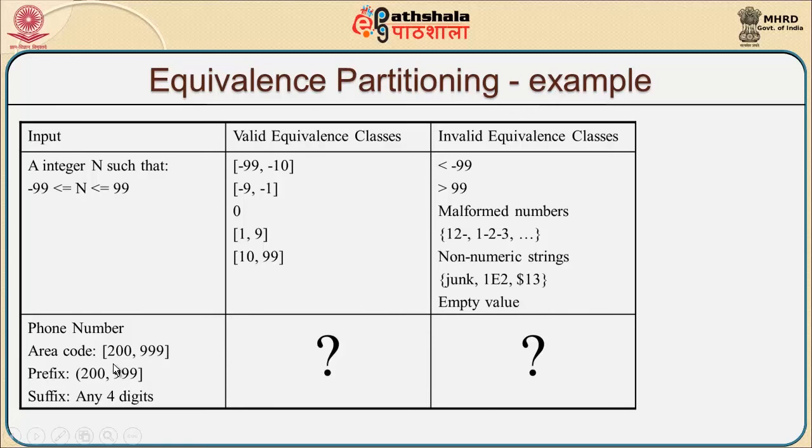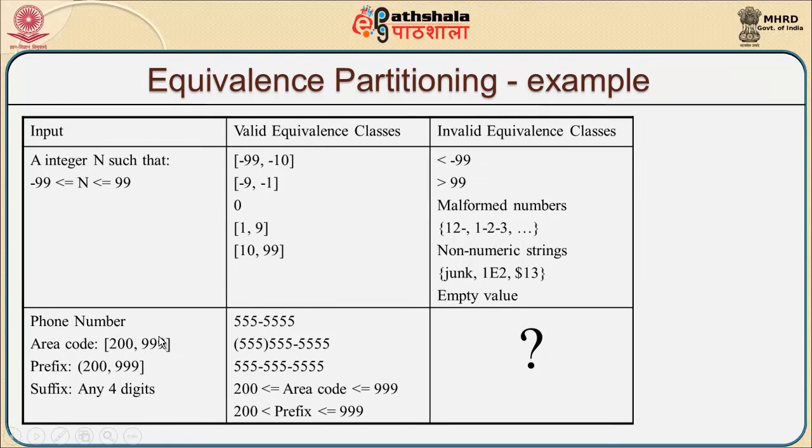Likewise, for another input like a phone number, the valid equivalence classes are, say, for area code we have mentioned 555, and for suffix we have mentioned any 4 digits, and the area code with prefix and suffix is also mentioned.